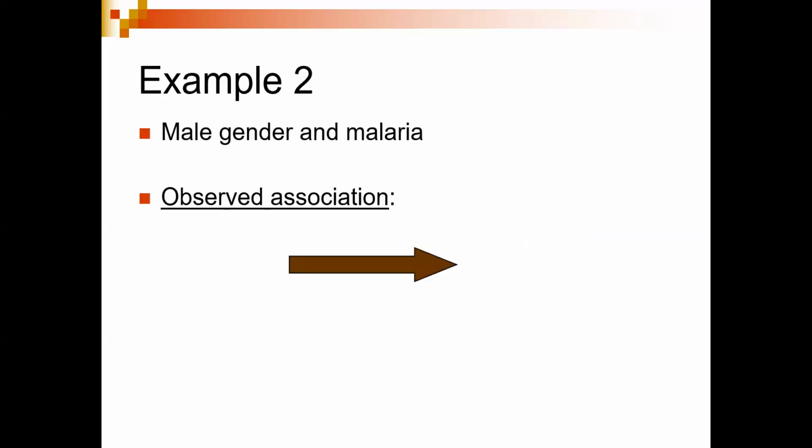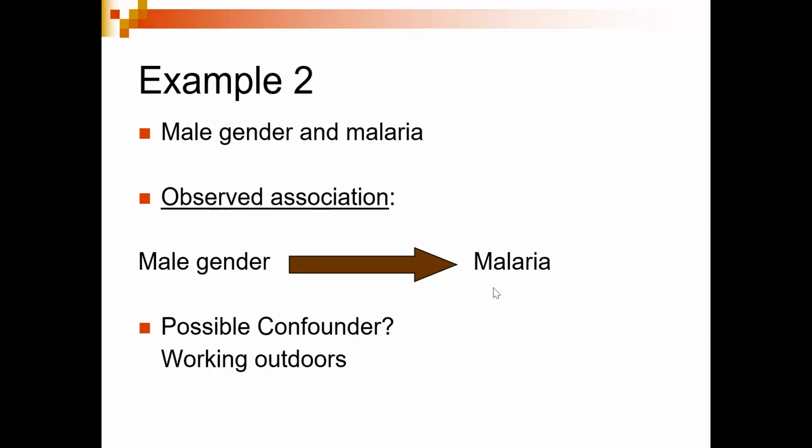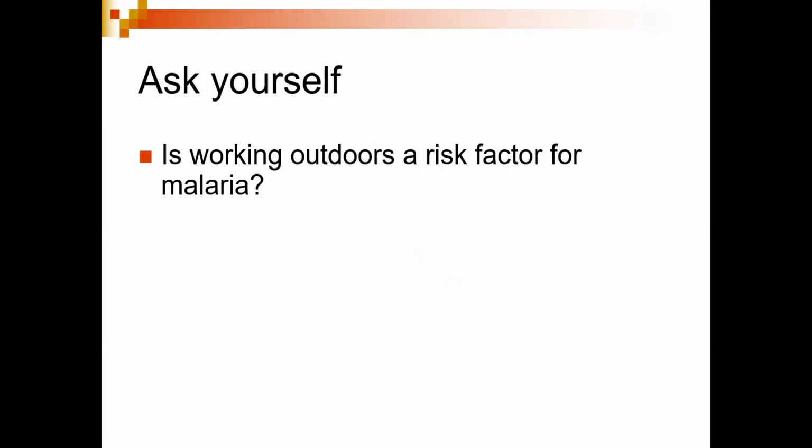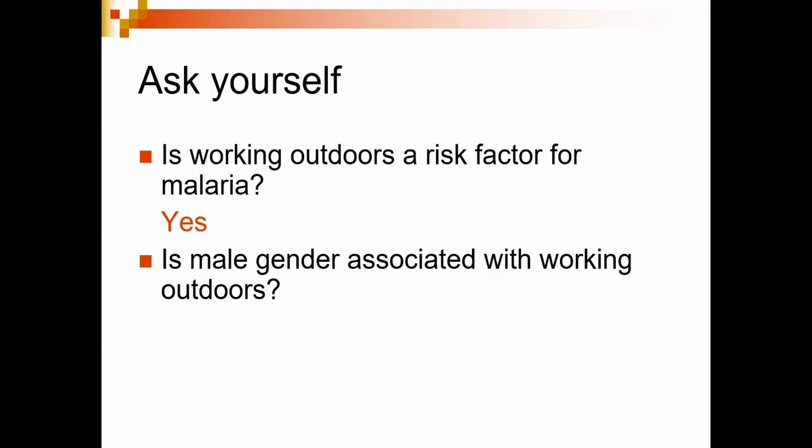Another example, male gender and malaria. What is the observed association? We have male gender and the association. What can be a possible confounder? In this case, you can have working hours and working outdoors. If you combine the two, is working outdoors a risk factor for malaria? Yes. Is male gender associated with working outside? Yes.